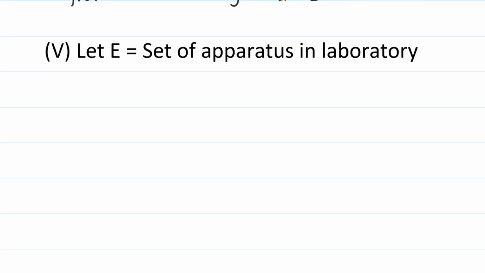Now consider the next set. Let E be the set of apparatus in the laboratory. We can count the number of apparatus in the laboratory and therefore set E is also finite.